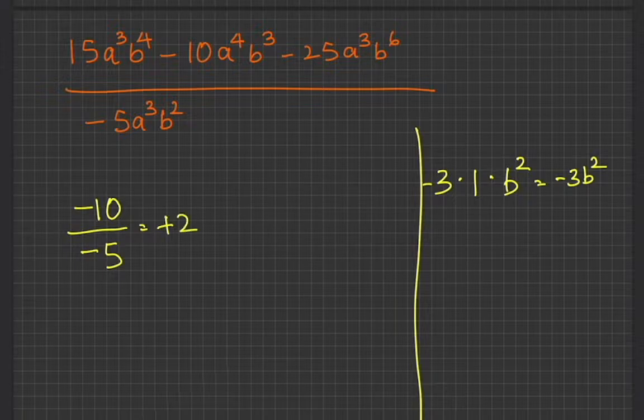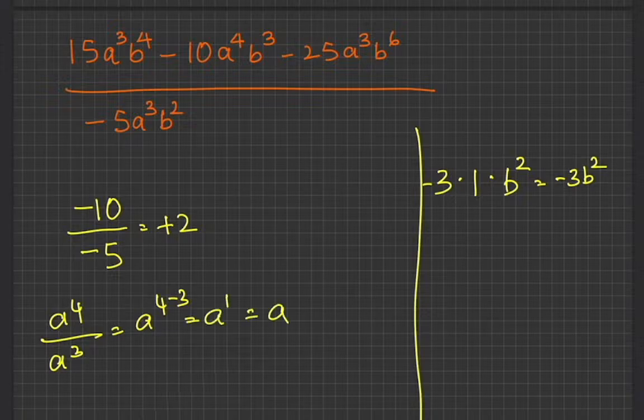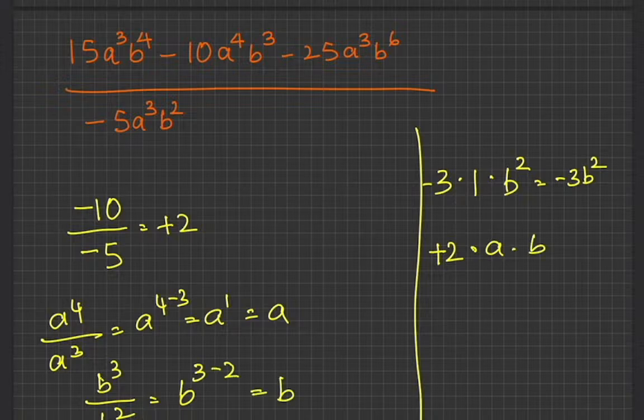And then I have a to the power 4 by a to the power 3, which is equal to a to the power 4 minus 3, which is a to the power 1, which is equal to a. So the second term is plus 2 multiplied by a, and then the last variable I have b to the power 3 by b to the power 2, which is b to the power 3 minus 2 is equal to b. So 2 times a times b will give me 2ab.